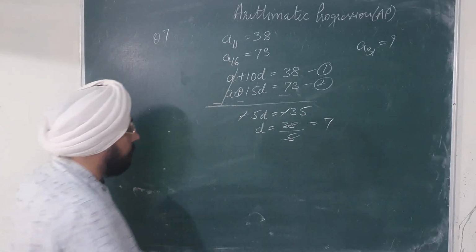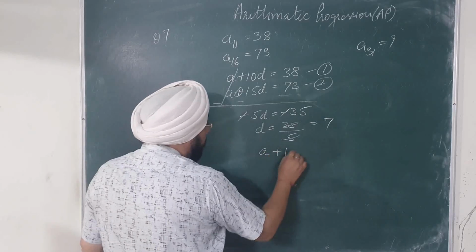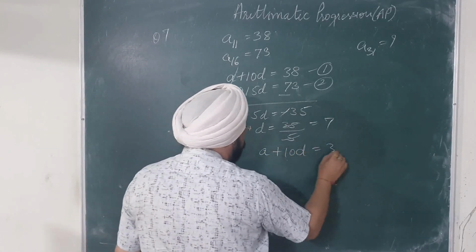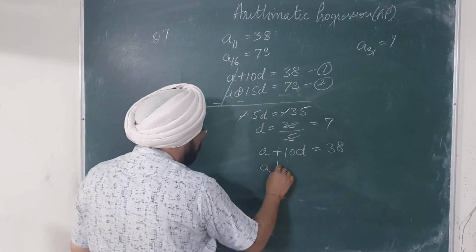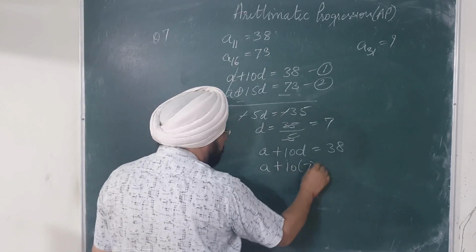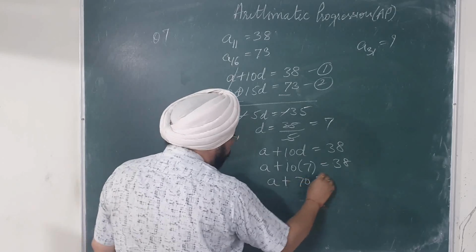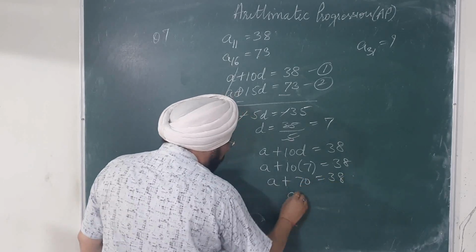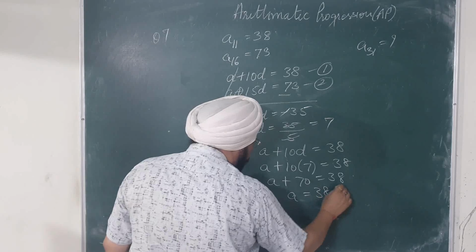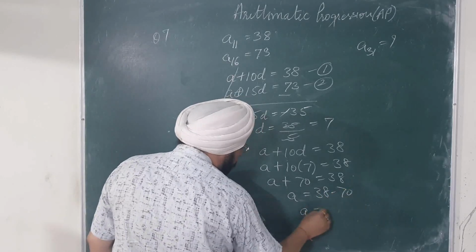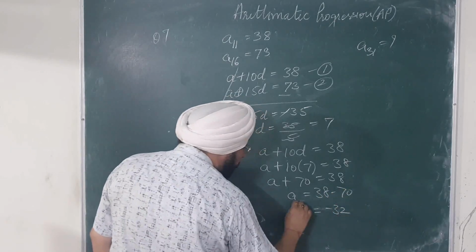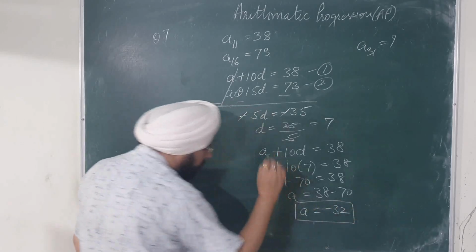Let us take equation number 1: a plus 10d is equal to 38. Substitute the value of d, which is 7. This is 70. So a is equal to 38 minus 70. That means a is equal to minus 32.